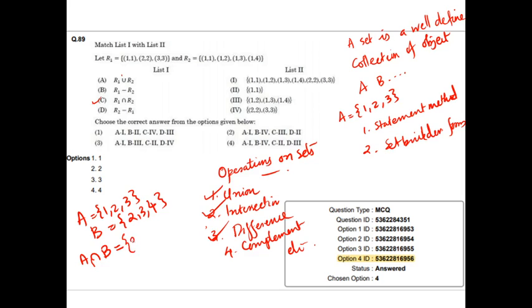A intersection B can be defined as an element X such that X belongs to A and X belongs to B. In the given example, you can see the answer is elements 2 and 3. They are included in both sets. So the answer is {2, 3}. I hope all of you understood how we can find the intersection of two sets.